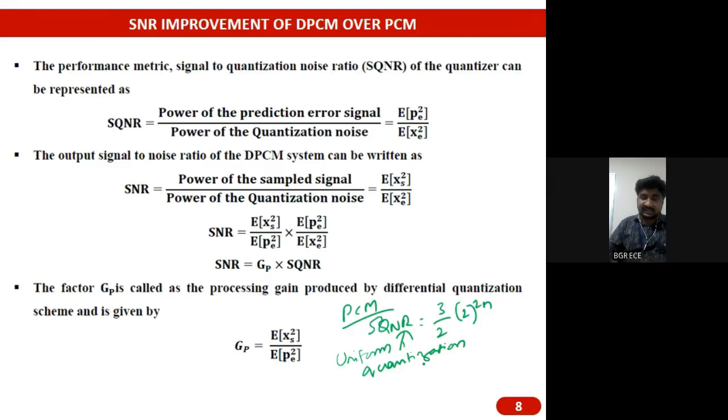If we go with non-uniform quantization, SQNR will be 3 divided by the square of log of 1 plus mu, that is log of 1 plus mu the whole square, into 2 to the power of 2n. This is the case for the non-uniform quantizer.